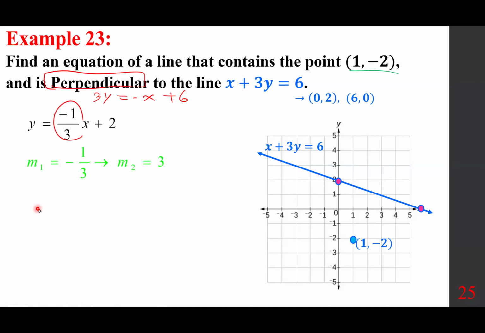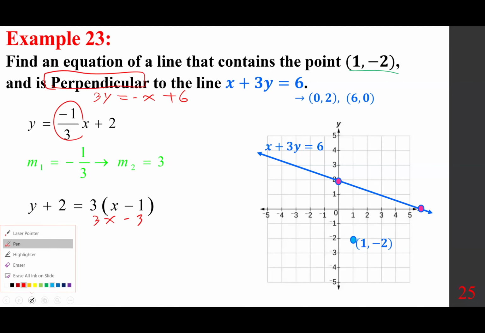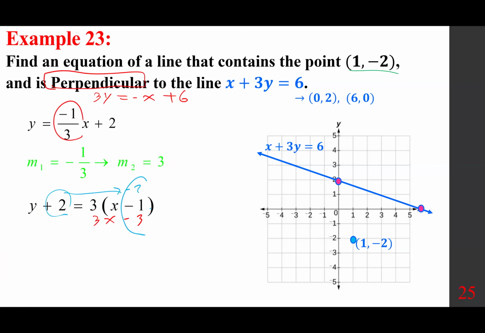Y minus y1, that means y minus negative 2 or plus 2 equals m, 3, times x minus 1. Move the 2 and it becomes negative 2, so 3x minus 5.